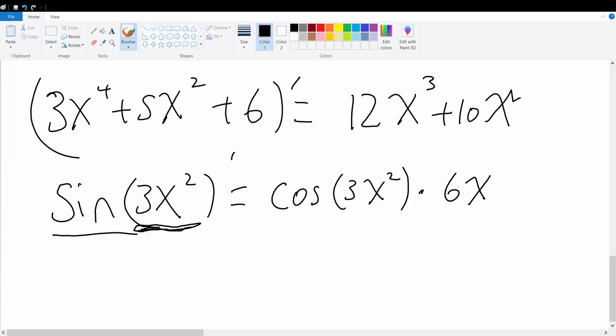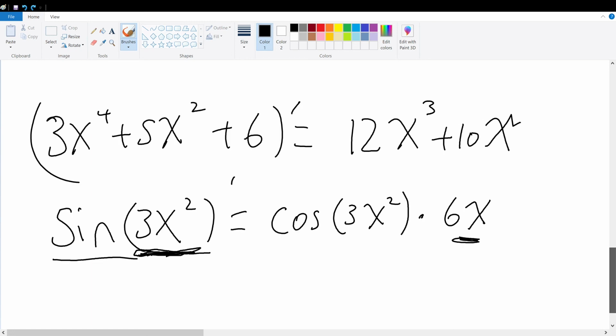So that is essentially how you apply the chain rule. But after you took the derivative of this inside function, you do not need to take it again. If you take the derivative of this 6x again, which would be 6, you essentially did it wrong. So that's just something you need to know.